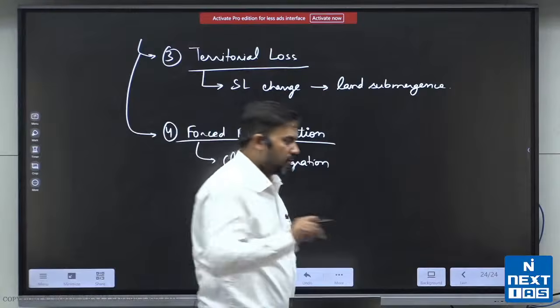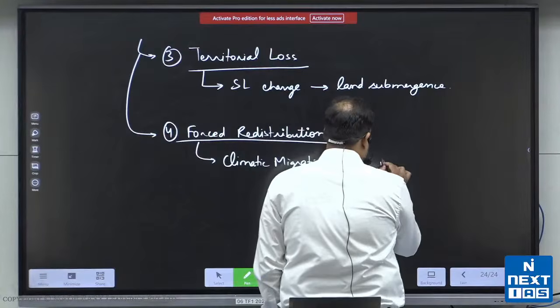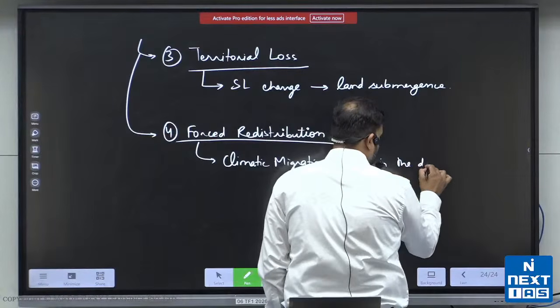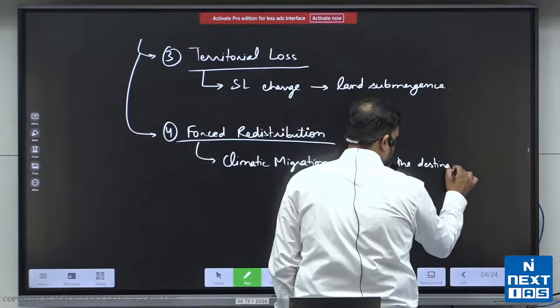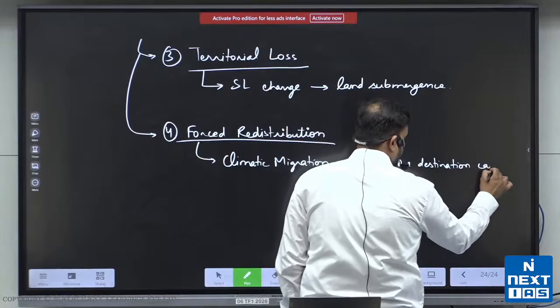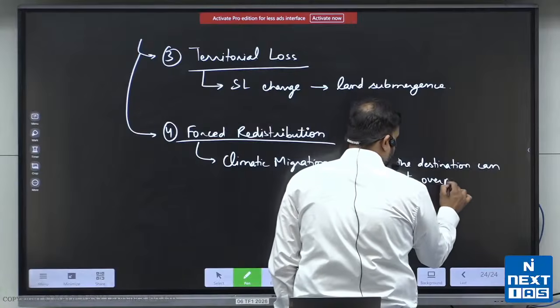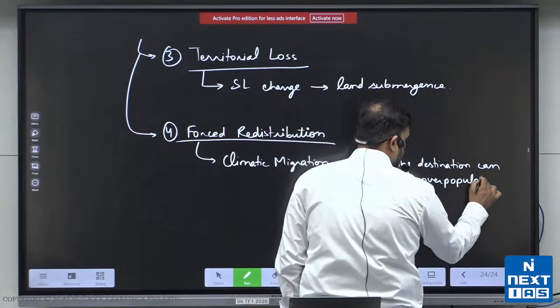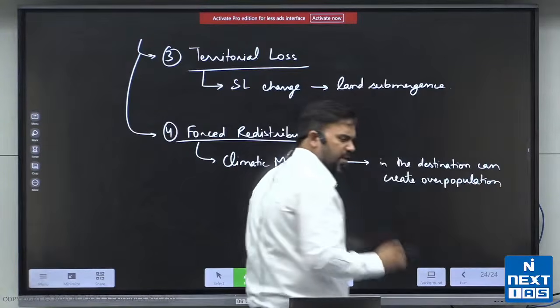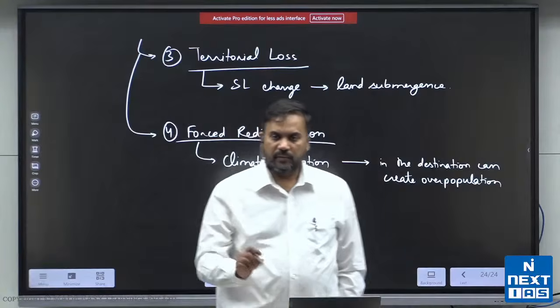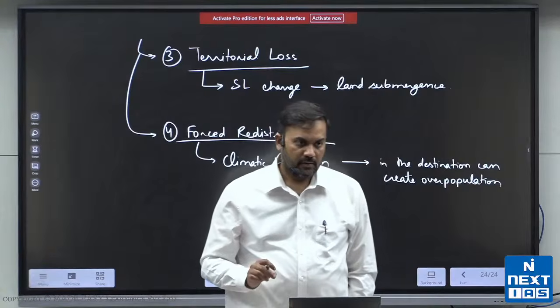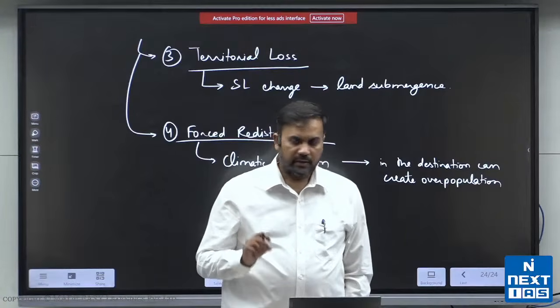Yes or no? So in the destination can create overpopulation. ठीक है. For example, इसका best example है 2015 Ethiopian famines.